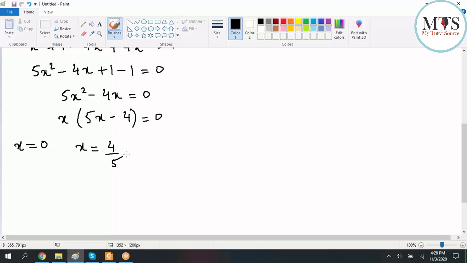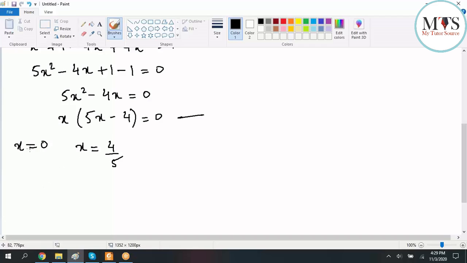Any questions? How did you get x equals 0 and x equals 4 over 5? Because in this step, it's x times 5x minus 4 equals 0. If you remember factorization, when we have reached our roots, we separate them.